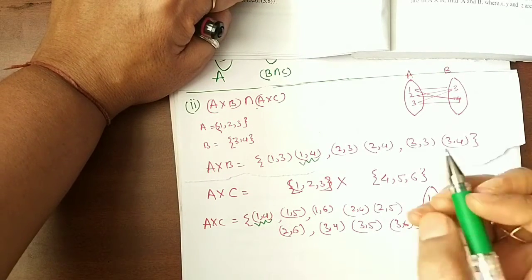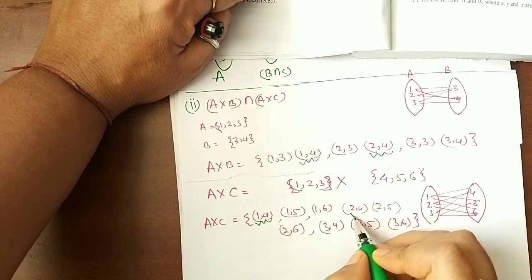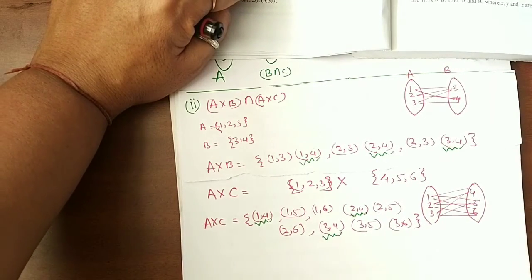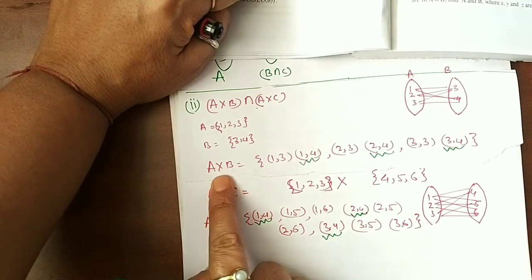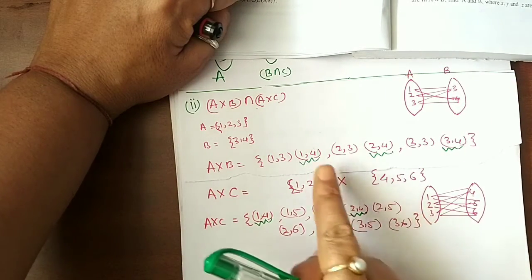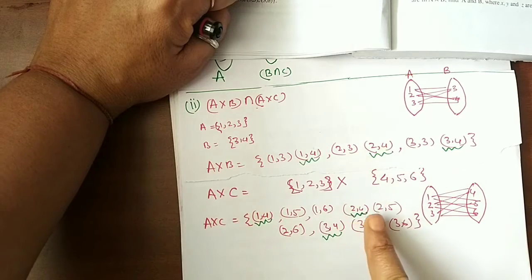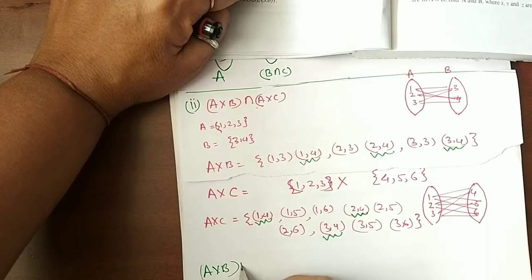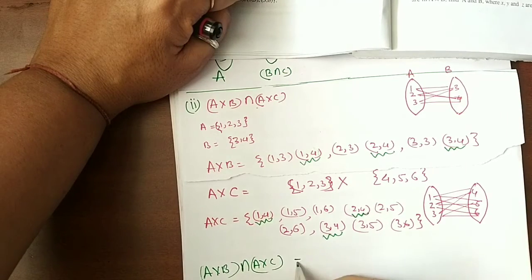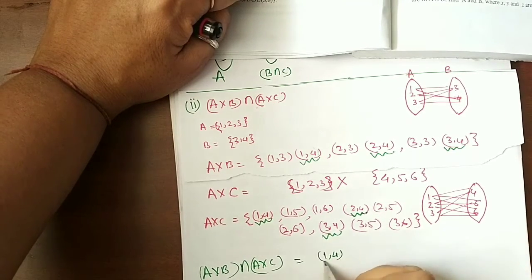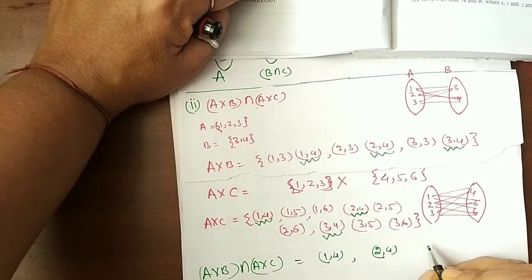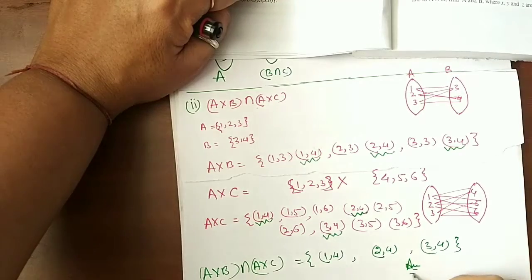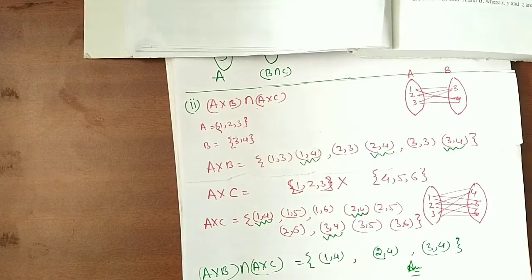The only elements which are common seem to be (2,4), which is here, and next is (3,4), which is here. No other element is common between A cross B and A cross C. So what is my answer? A cross B intersection A cross C will be, guys, {(1,4), (2,4), (3,4)}. This is my answer.